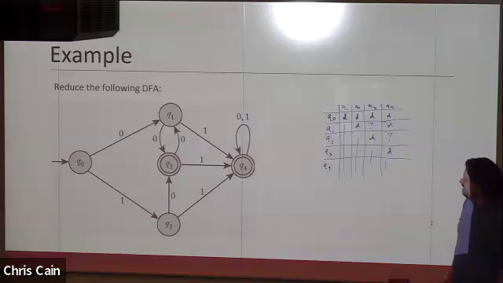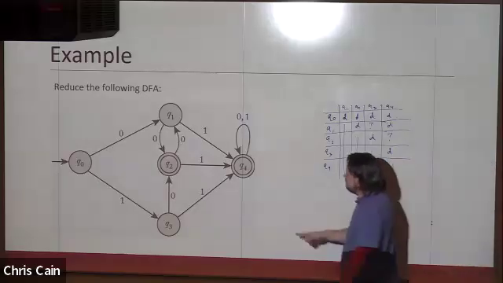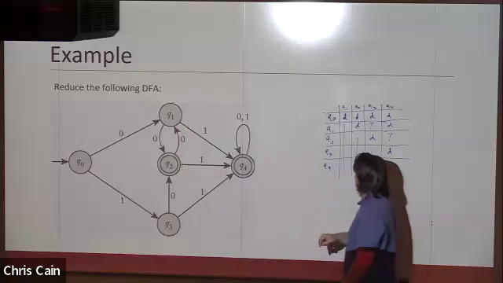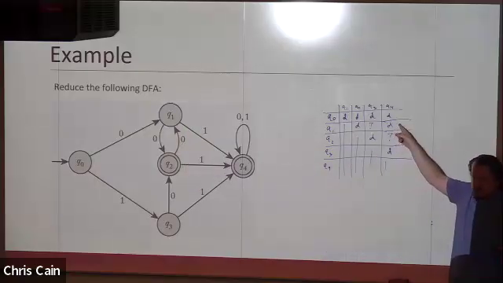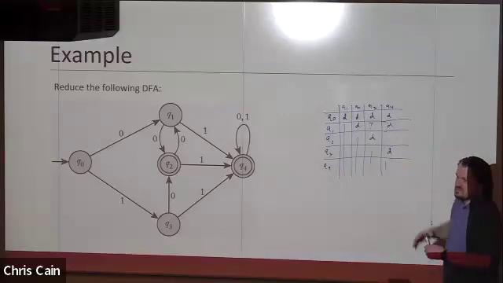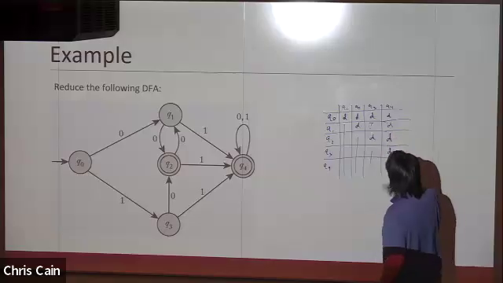How about Q2 and Q4? On a 0, we end up in Q1 and Q4. We look up Q1, Q4, we see distinguishable, so we will backtrack and mark Q2, Q4, the source of that, as distinguishable.